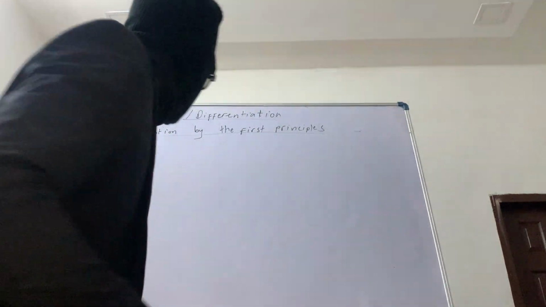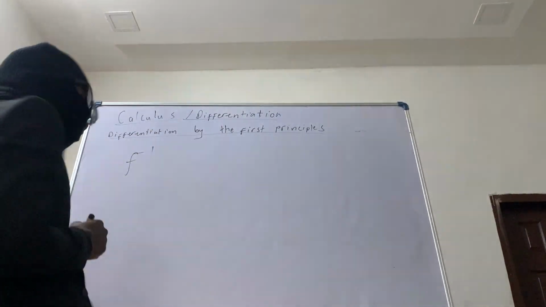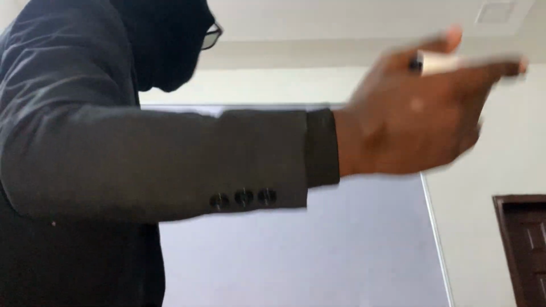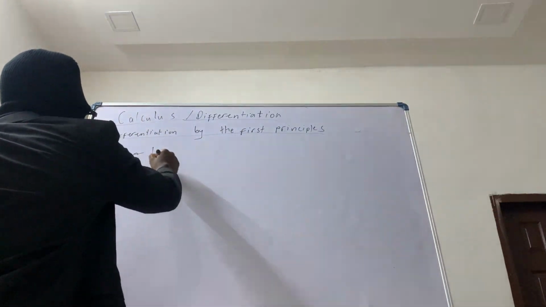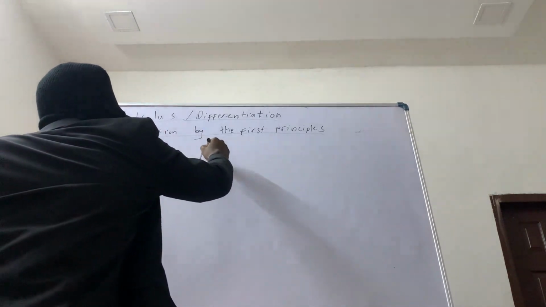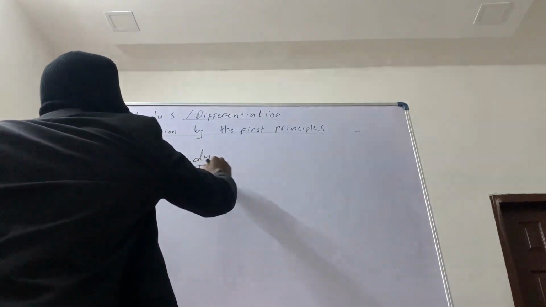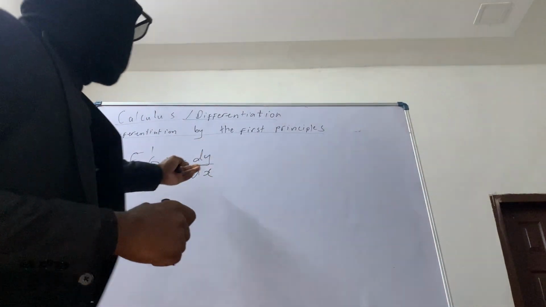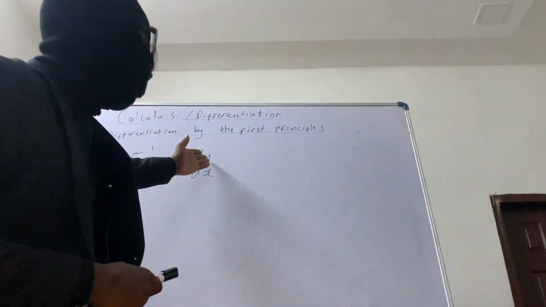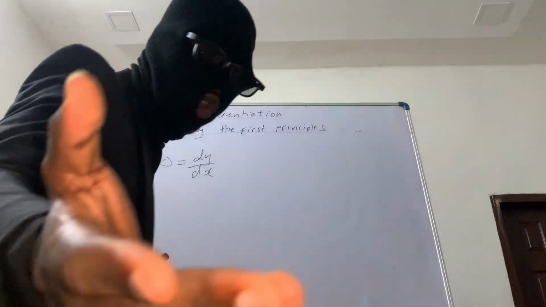So what does the first principle state? The first principle states that f prime of x, this is just the same as dy/dx, simply stating that this is the change in y with respect to x.